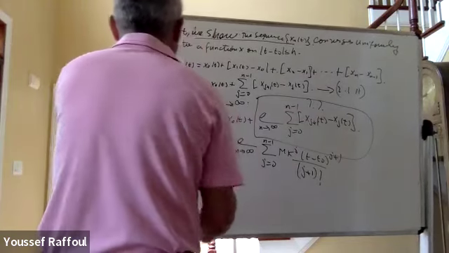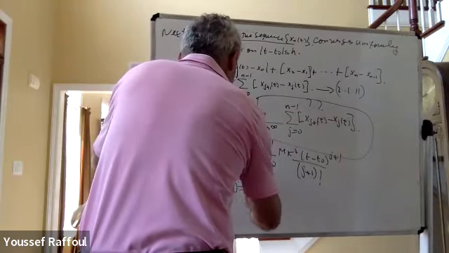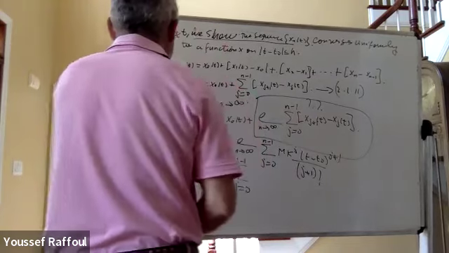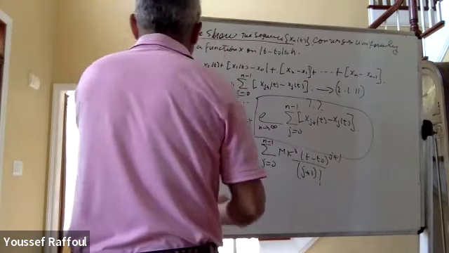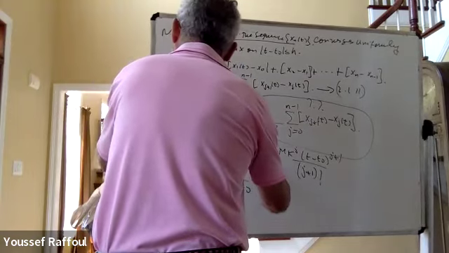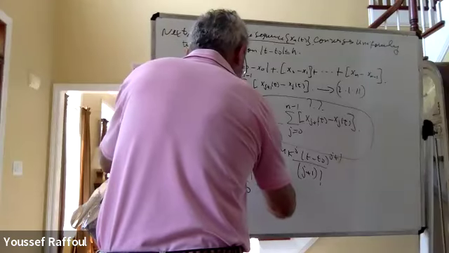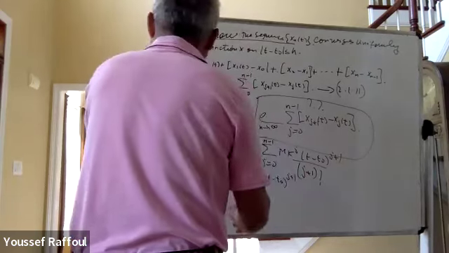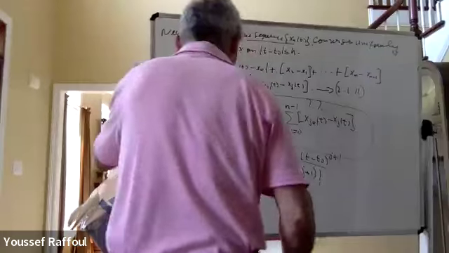That is less or equal to x naught plus m over k, the sum from j equals 0 to n minus 1, the limit, and then I'm going to have k times t minus t naught to power j plus 1 over j plus 1 factorial.